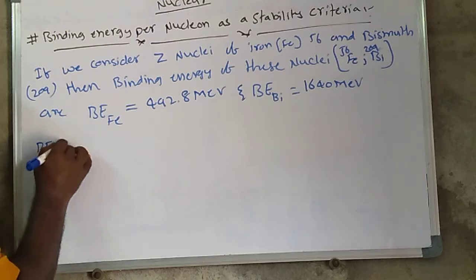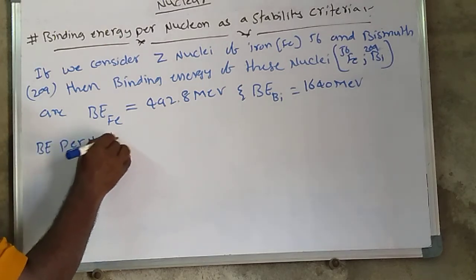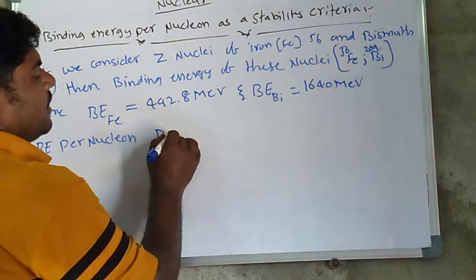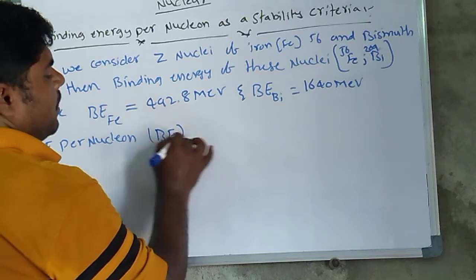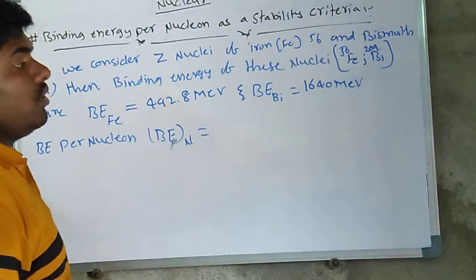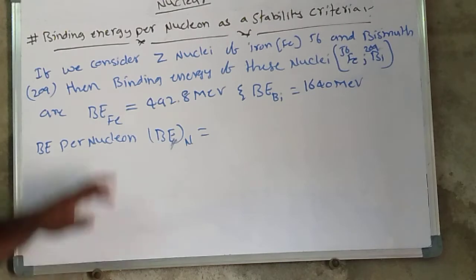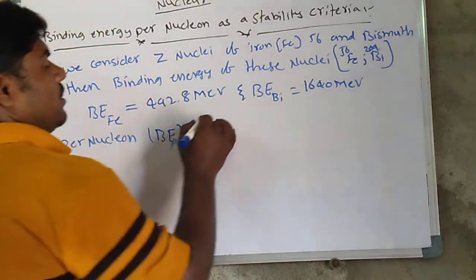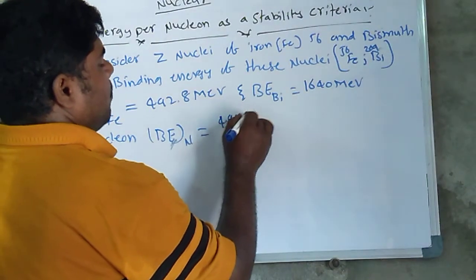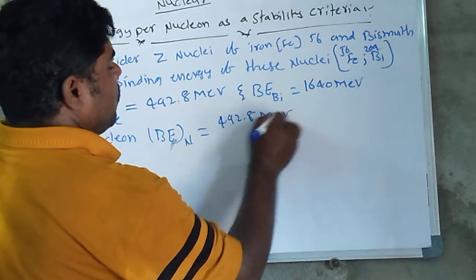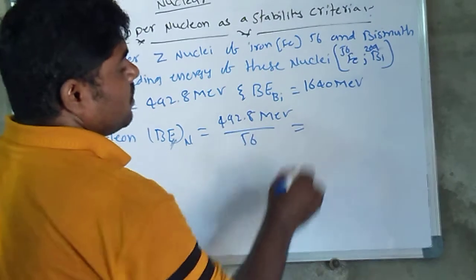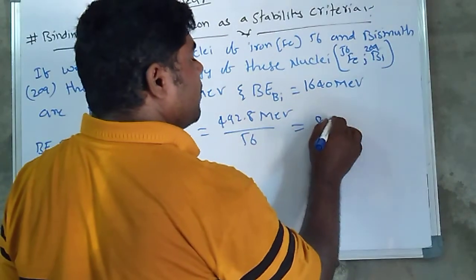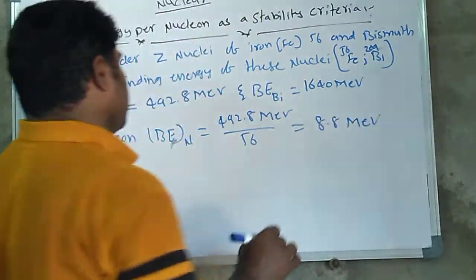the binding energy per nucleon for iron is 492.82 mega electron volt divided by mass number 56, which is approximately 8.8 mega electron volt.